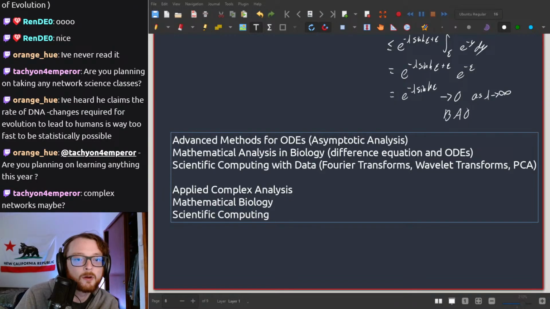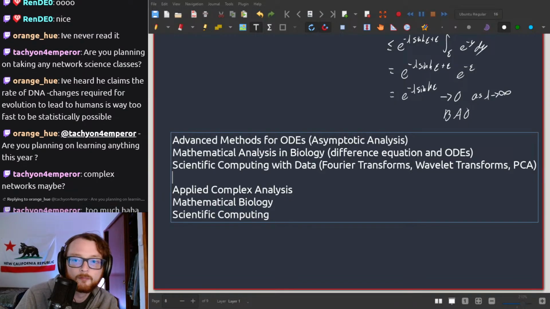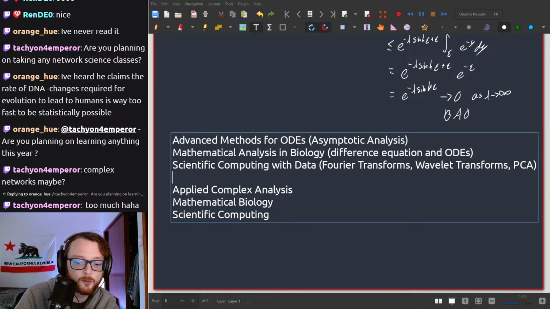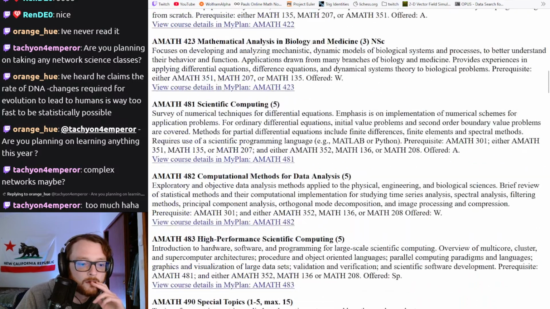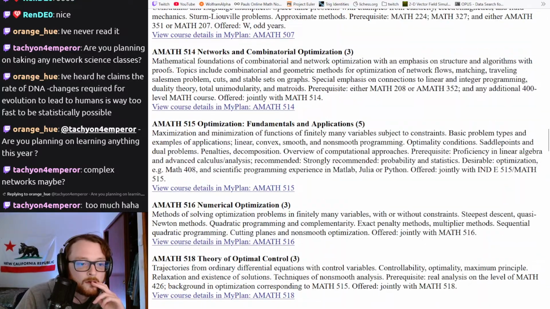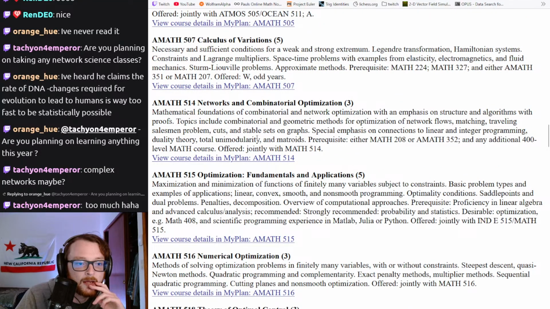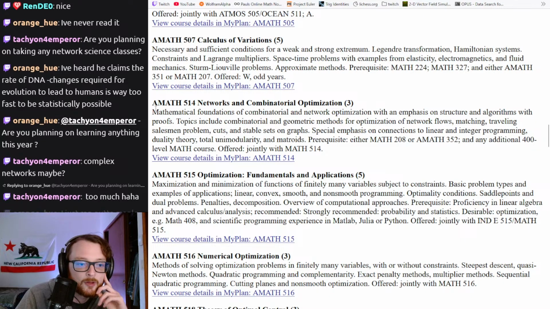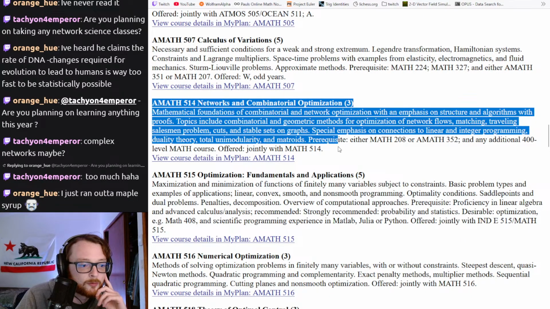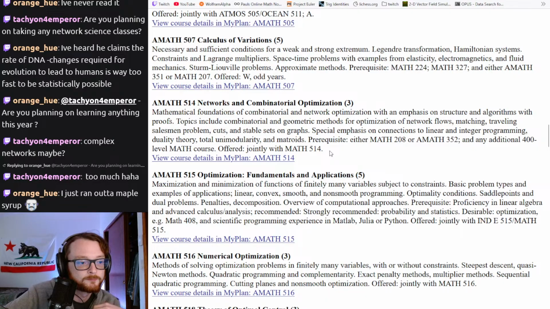Okay, yeah, there is a class that includes networks. I think this is the one I could have taken last quarter, but I didn't because I didn't have enough room. It would be cool to learn about this too. I think this is what you're talking about.